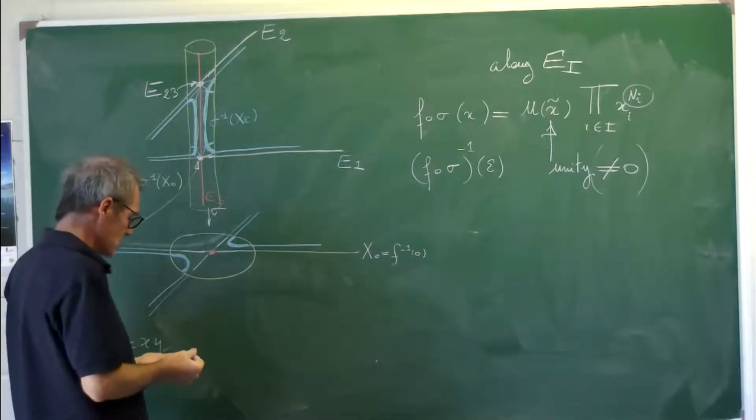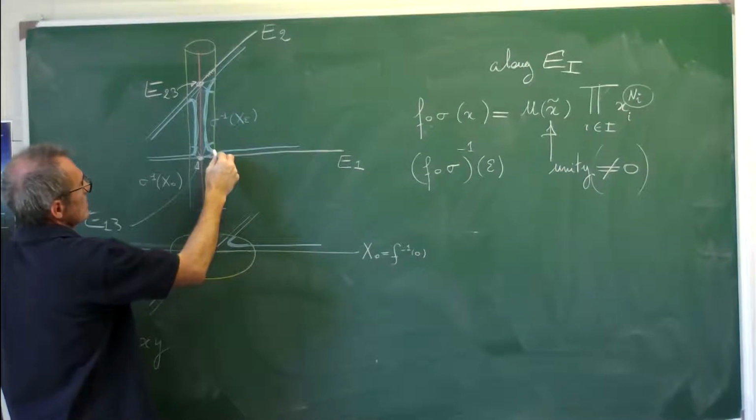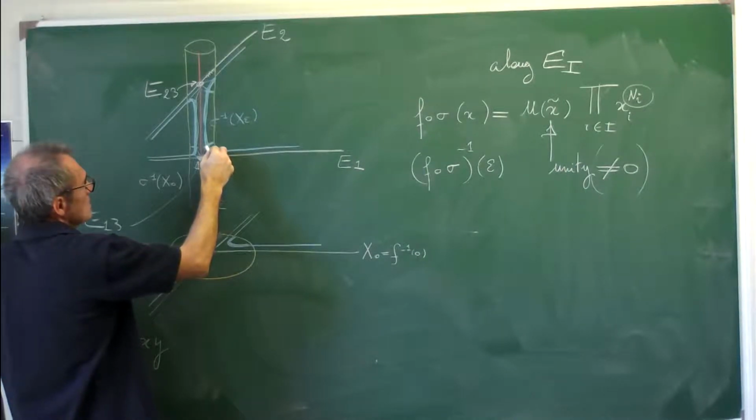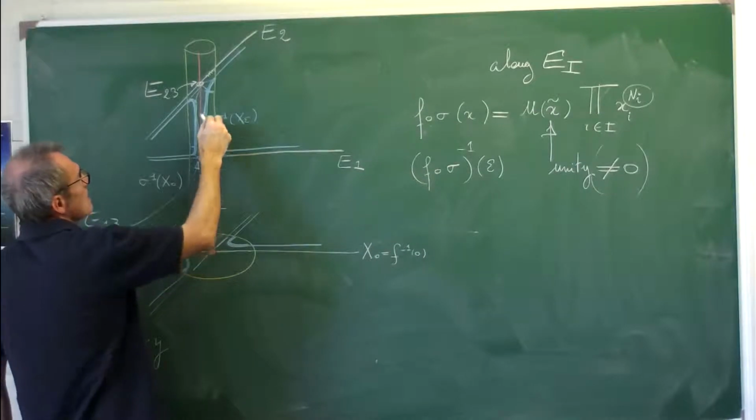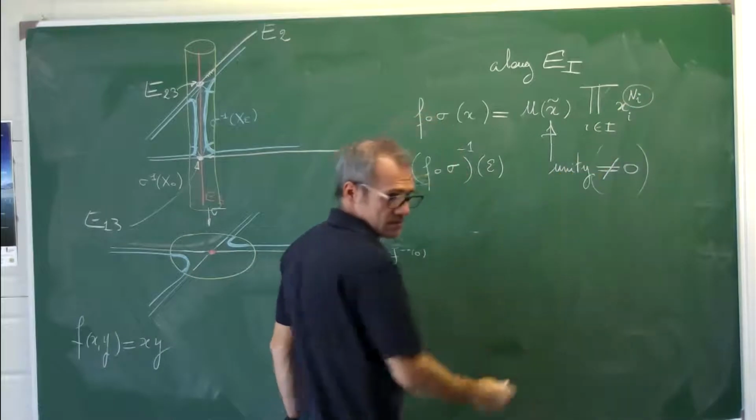So computing the topology by additivity, we have the Euler characteristic of this part, the Euler characteristic of this part, and I have to multiply by the powers here.